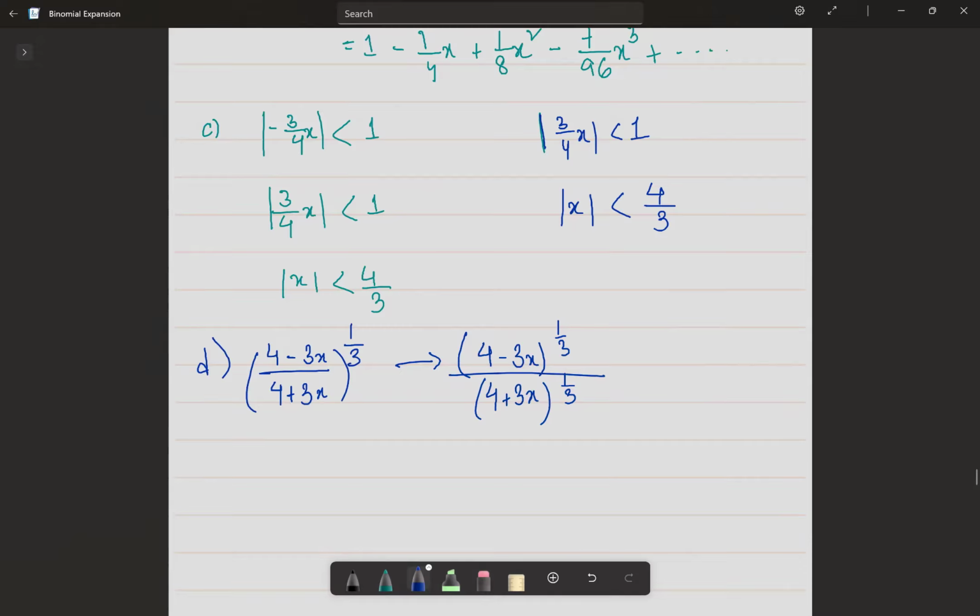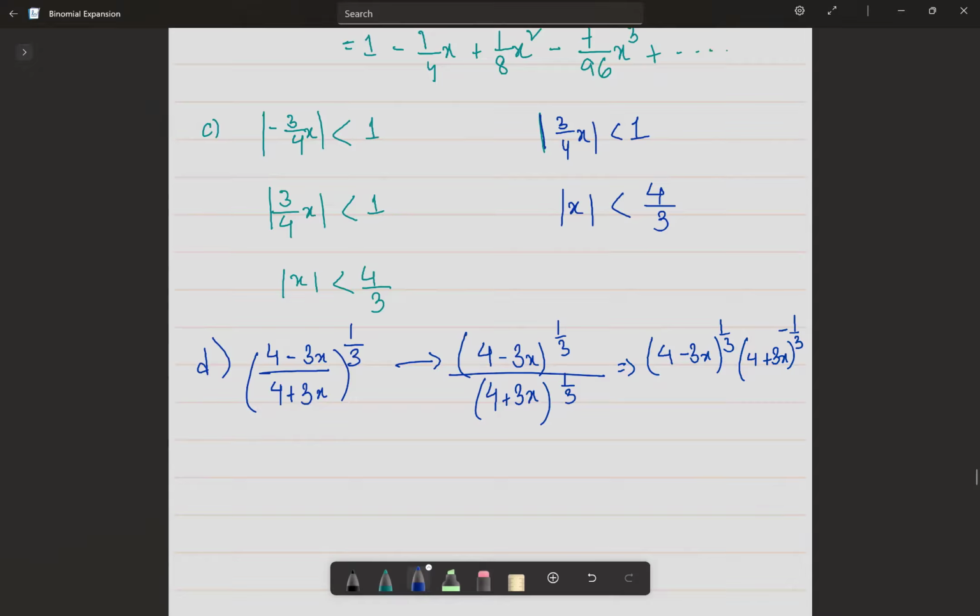Now, we know for the expansion, you can take this one in the numerator. So you are going to get 4 minus 3x to the power of 1 by 3 and then 4 plus 3x to the power of negative 1 by 3 because you're taking this in the numerator. So now you can take 4 common from here and from here as well, because in order to expand, you need to have the first term as 1.